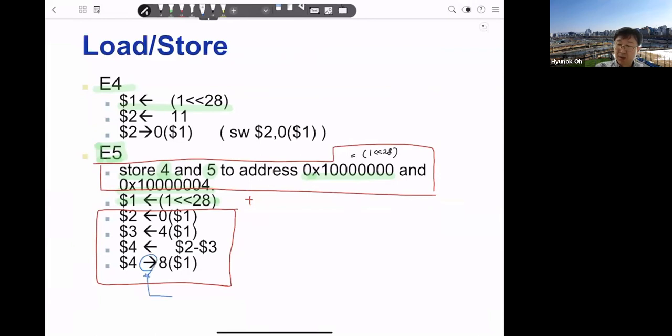This meaning is store, and this meaning is loading. The upper one will be from the memory, and the last one will be from the register to the memory.